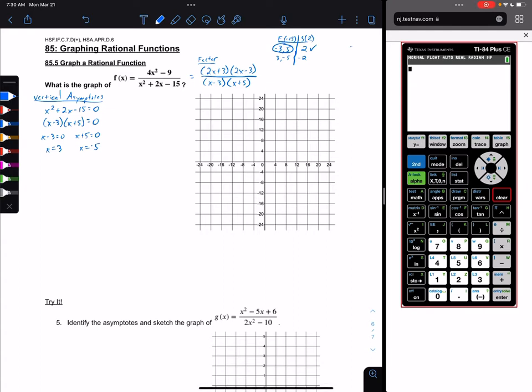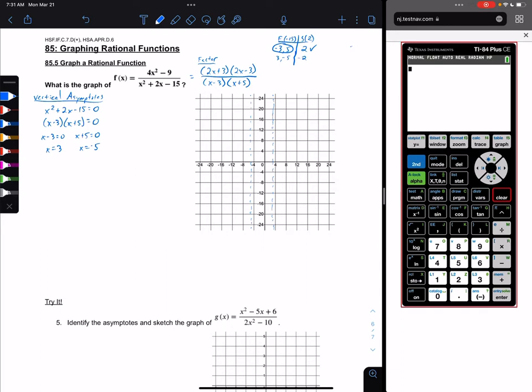Because those don't cancel out with the numerator, these are vertical asymptotes, so we can graph these in. We have x equals 3, which would be about here, and x equals negative 5, which would be about here. So we have a left, a middle, and a right for our function when we graph this.